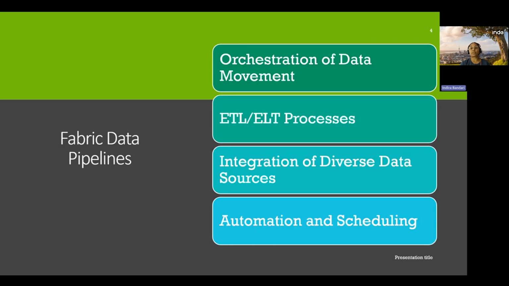So what you do is you integrate the data from these diverse sources and load them into Fabric, where you can do the transformations required and combine various sources and create a model that is useful for analytics or even predictions or data science workloads. So that is the integration of diverse data sources that you want to achieve.